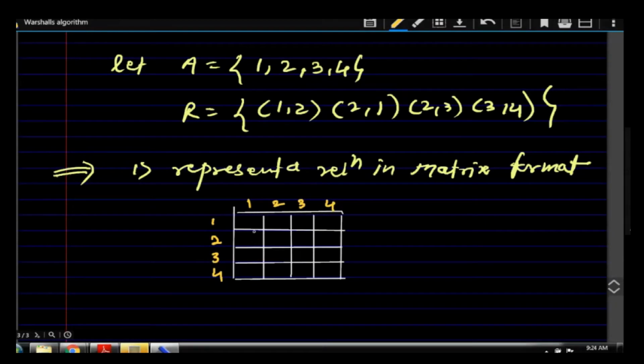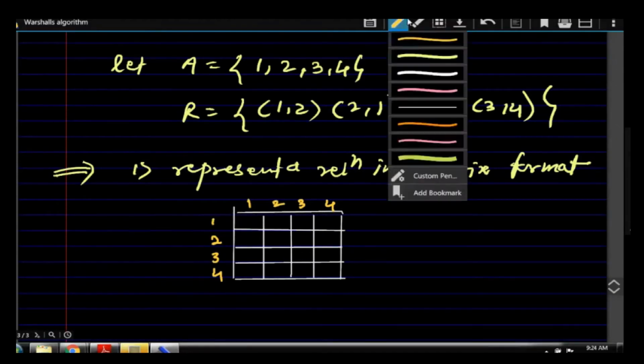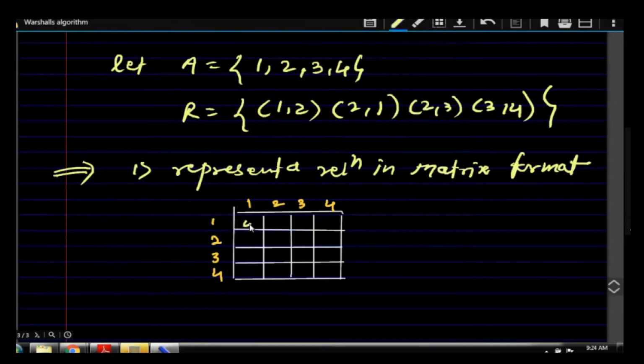Okay, now you have to make the cells of this matrix 0 or 1. If there is no relation, then we will make it a 0. So if you check, there is no relation from 1 to 1, so this will be a 0 here. Now 1 to 2, yes, there is a pair, so this will be 1. 1 to 3, no pair, so this will be 0. 1 to 4, no pair, so this will be a 0.